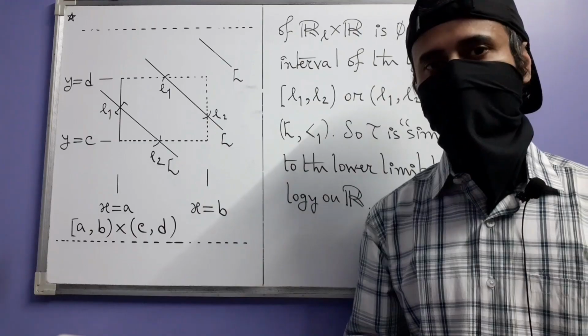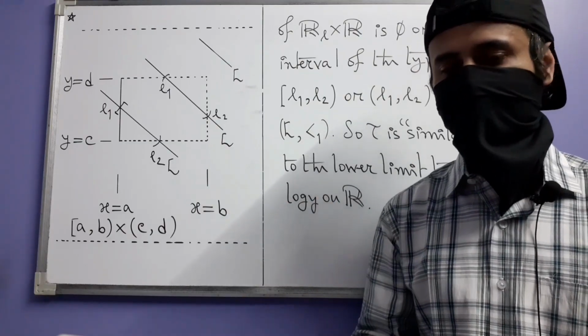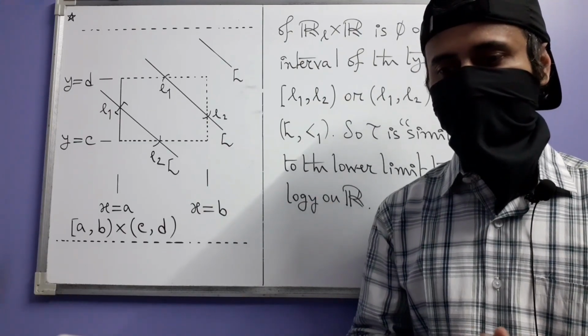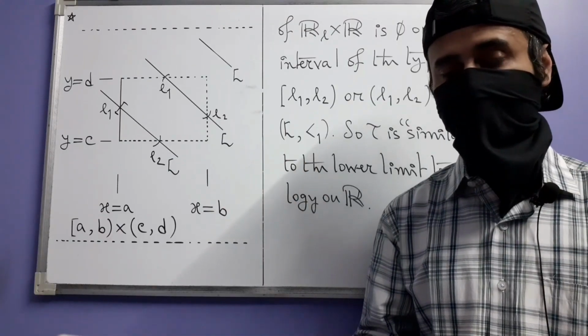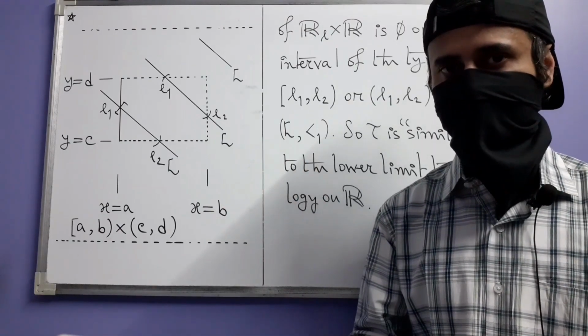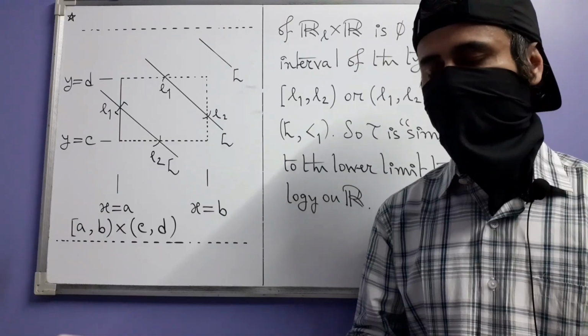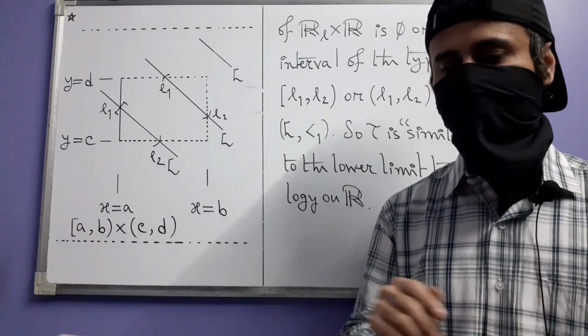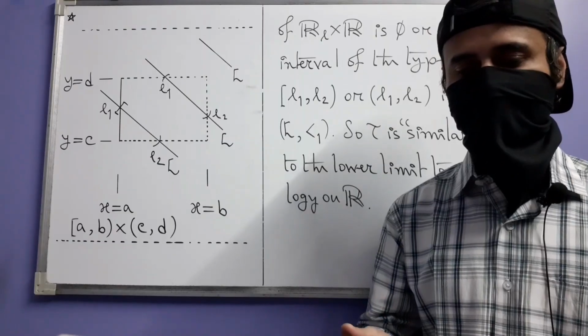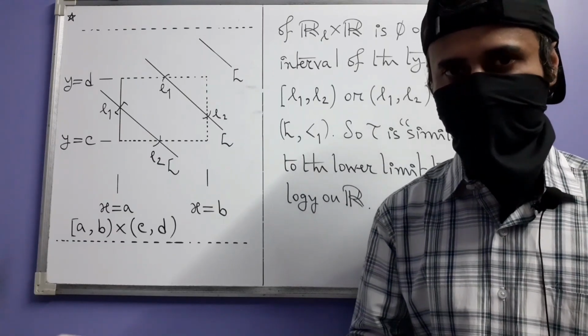Now next we come to the meaning of that last line. In what sense are we saying that this subspace topology is similar to the lower limit topology on R? That sense at this moment is still not there with us. It will come when we learn about homeomorphism.